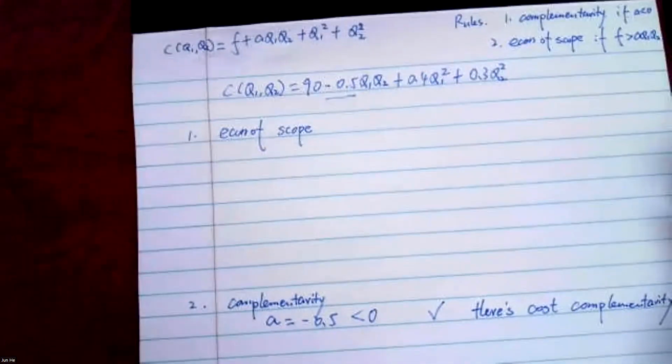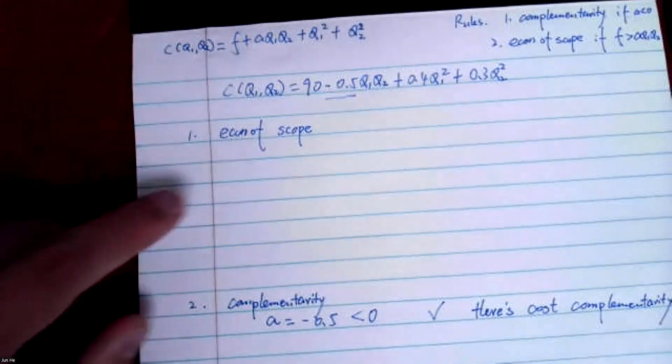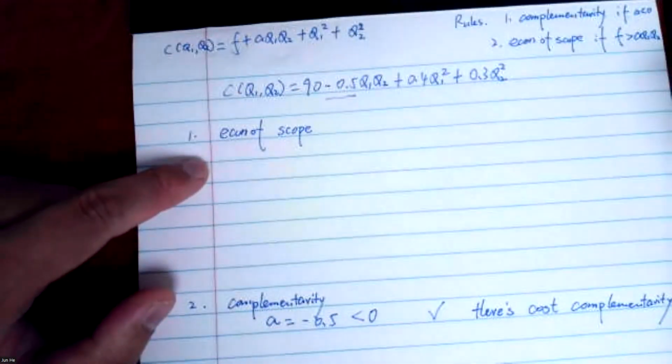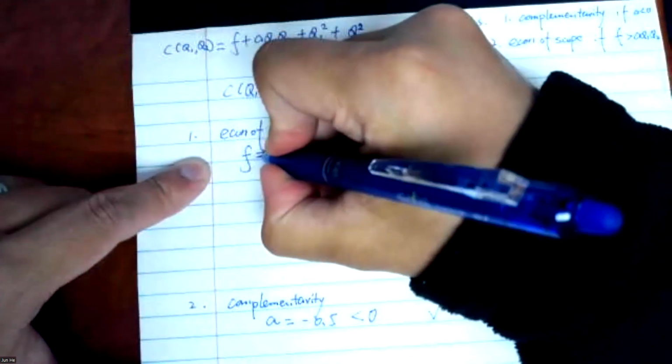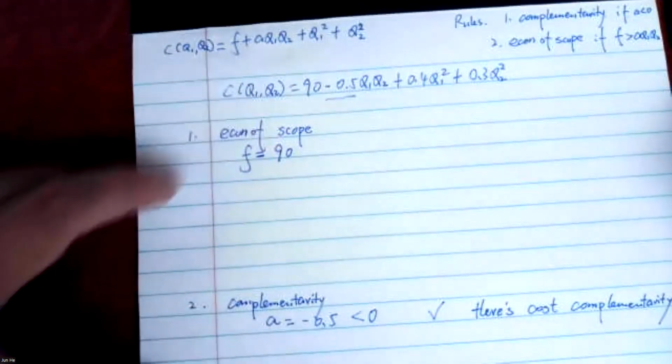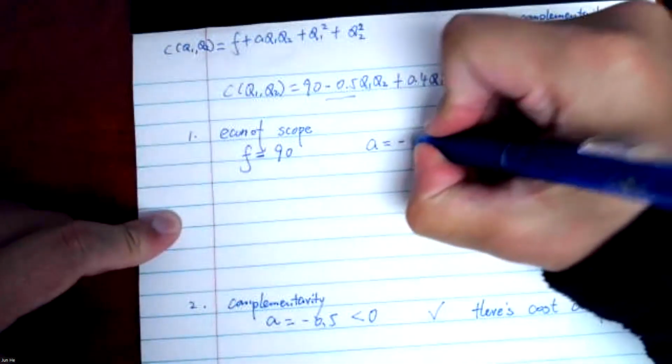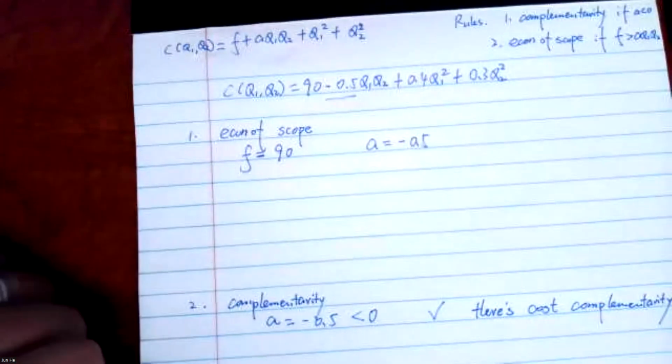Then let's look at economies of scope. To look for economies of scope, we need to find F. In this case, F is the constant term, which is 90, and A is minus 0.5.